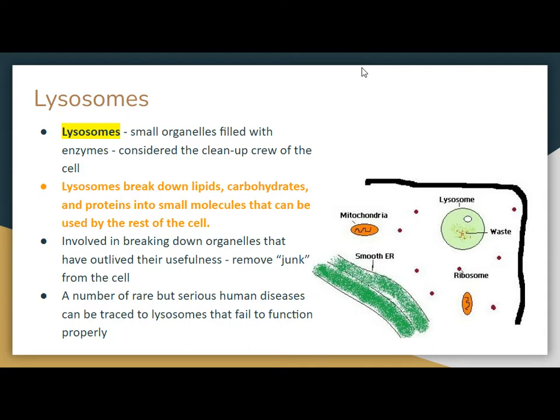There's a number of really rare but serious human diseases that can actually be traced back to lysosomes that fail to function properly. So these lysosomes are not getting rid of junk out of the cells. These lysosomes are not breaking down old junky cell pieces, and those can create some diseases.